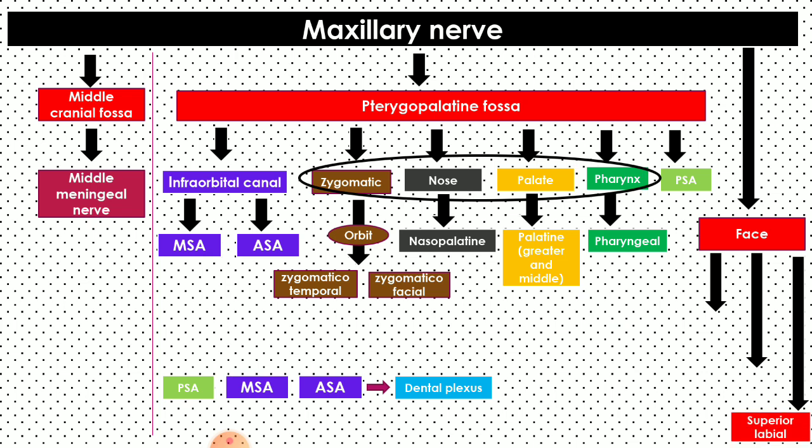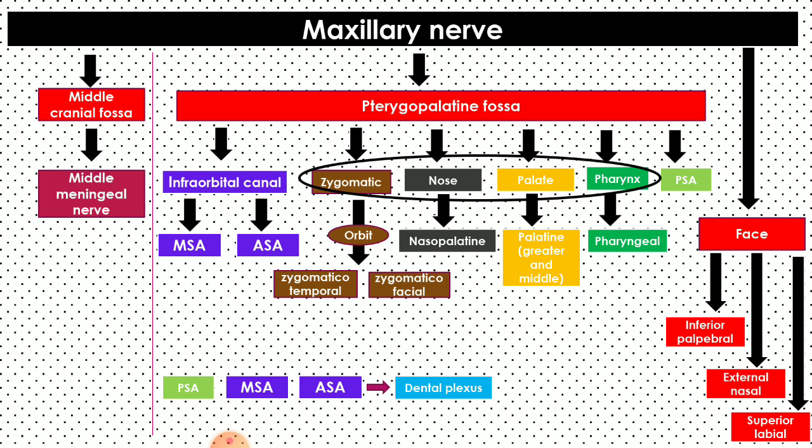Now over the face, we see three branches according to the supply. First, superior labial, which supplies the upper lip. Second, external nasal, which supplies the side of the nose. And third, inferior palpebral nerve, which supplies the lower eyelid. And lastly, the concept of dental plexus.